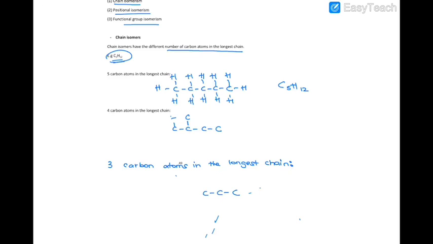We fill up again with hydrogen. This is another isomer of that C5H12. So 4 carbons in the longest chain, and then that 1 carbon which is branched. It is still C5H12, but the structural formula is different. There is a CH3 on one of the carbons in the center, which is branched.